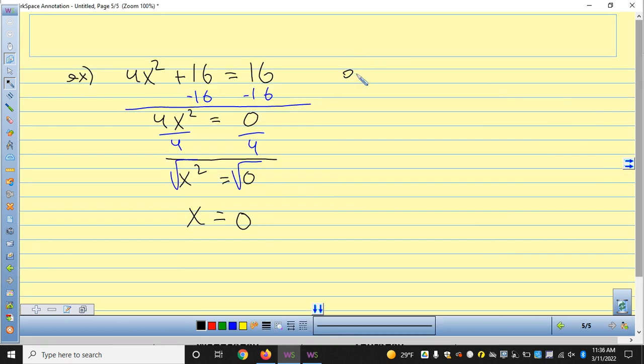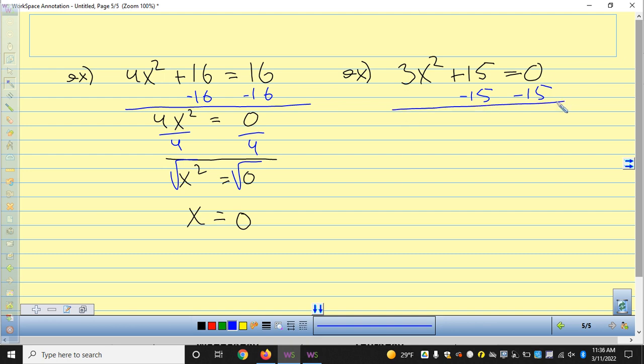All right, last example. 3x squared plus 15 equals 0. There's our quadratic equation. Subtract 15 from both sides. I want to get the x squared by itself. So I have 3x squared equals negative 15.